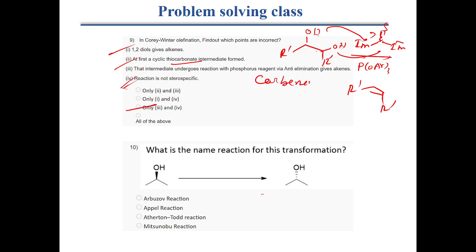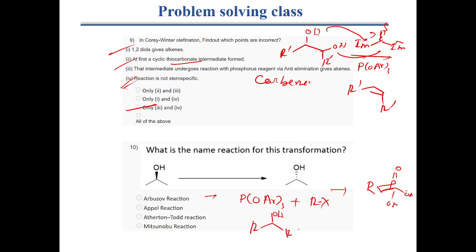What is the name of this reaction? Arbuzov reaction. So what happened in the Arbuzov reaction? Phosphite in place of RX will give phosphonate, R P double bond O, OR, OR. In the Appel reaction, what happens if this kind of alcohol is used?